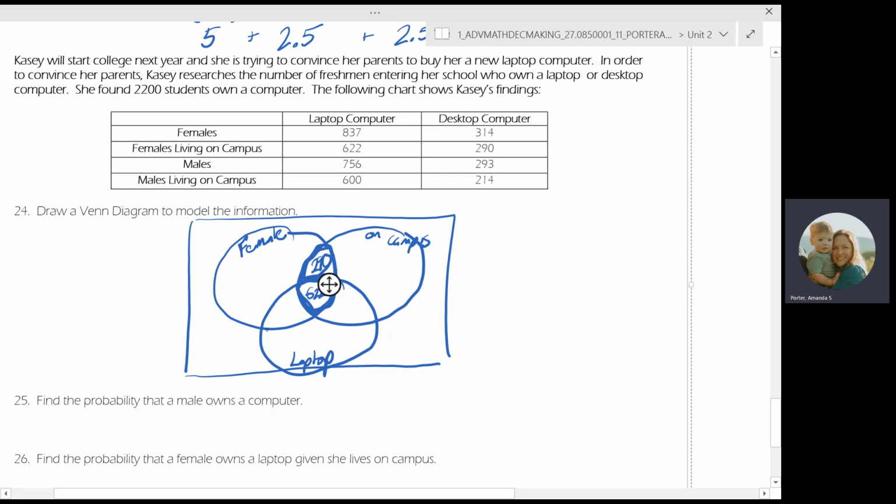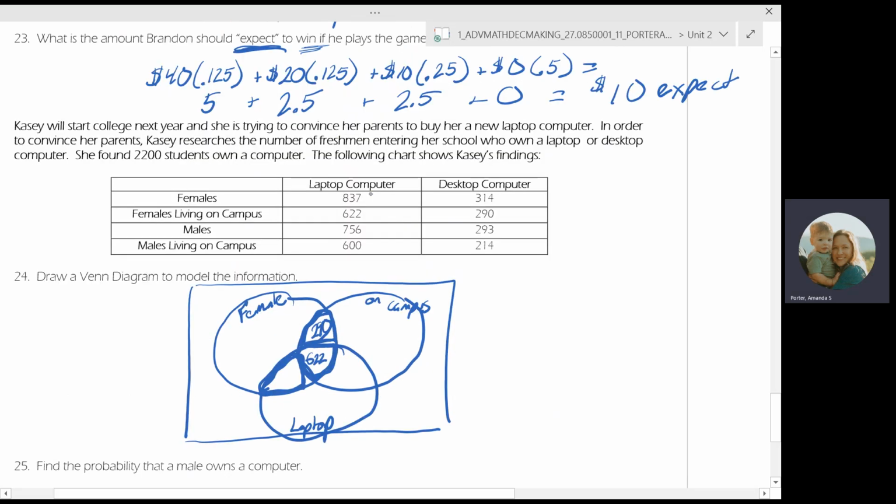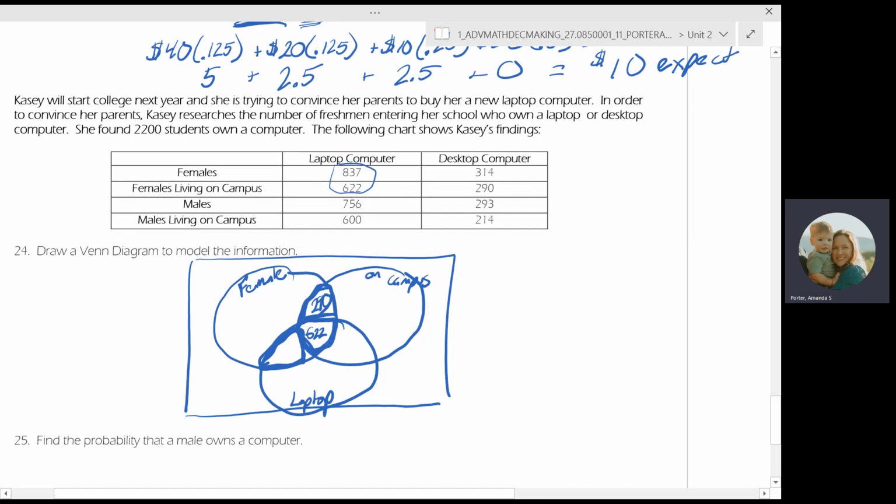Okay, so this section right here is females with a laptop, but not on campus. That's where these two numbers are going to come in. We have females with a laptop, and then we have females with a laptop on campus.